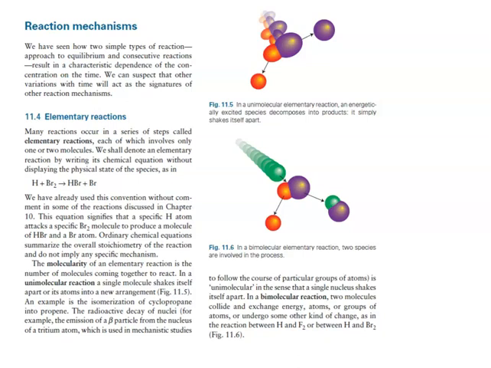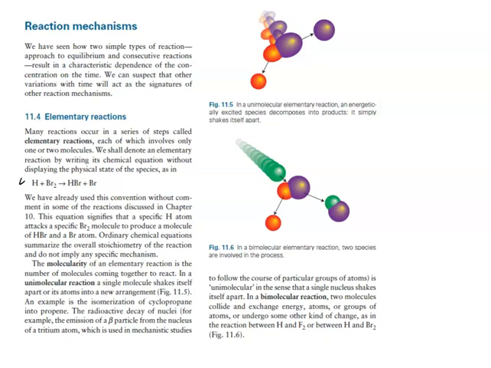Many reactions occur in a series of steps called elementary reactions, each of which involves only one or two molecules. We'll denote an elementary reaction by writing its chemical equation without displaying the physical state of the species, as in H plus Br2 react to form HBr plus Br.